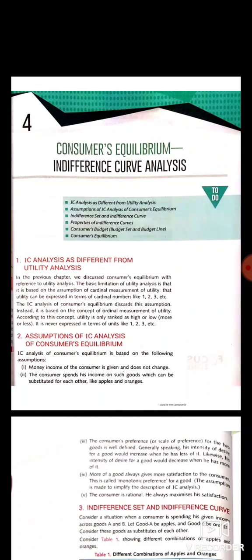Means the income of the consumer will not change. Next is the consumer spends his income on such goods which can be substituted for each other, like tea and coffee, apples and oranges. Means if a person wants to shift his demand, then he can shift the demand from one product to another product easily.